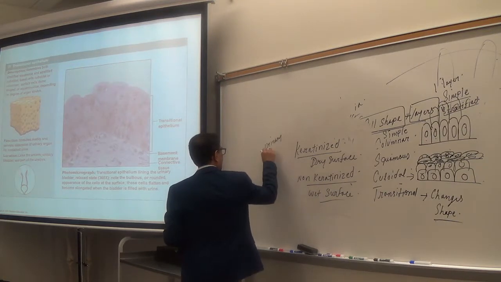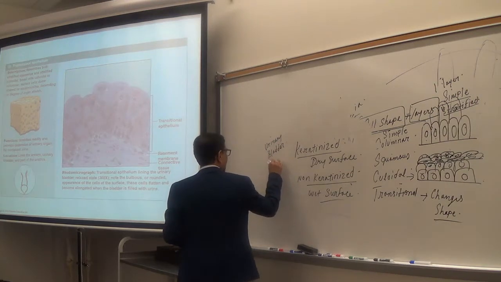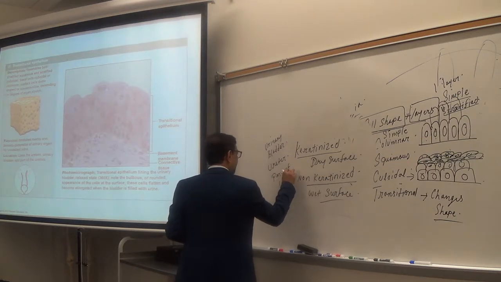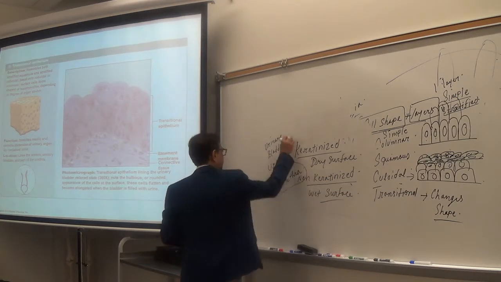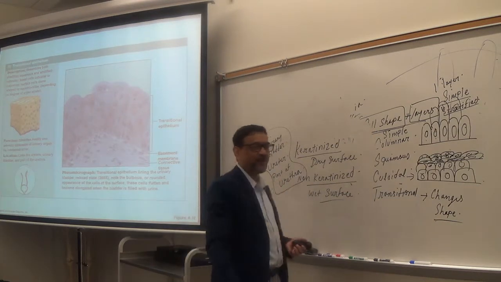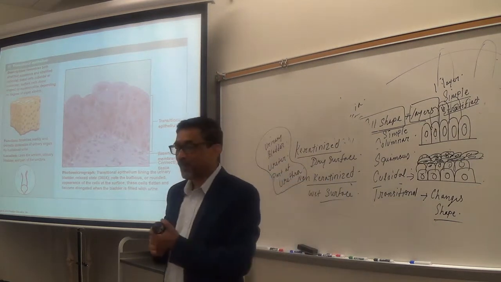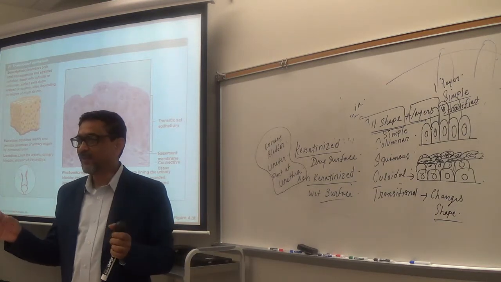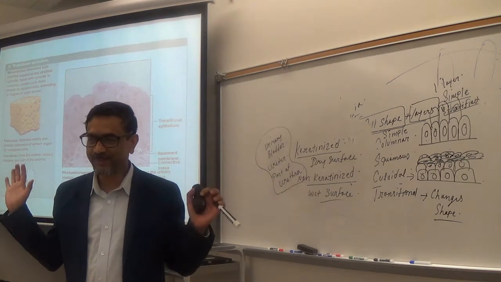Urinary bladder, ureter, part of urethra. You have transitional. So one way to say, simple, is where you have urine.